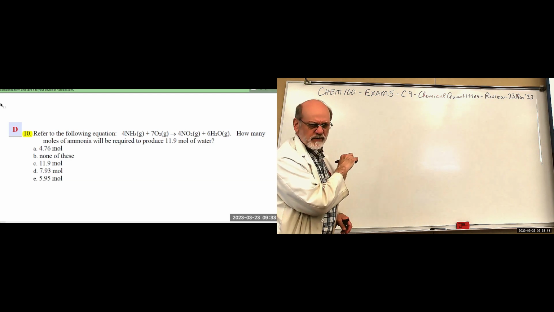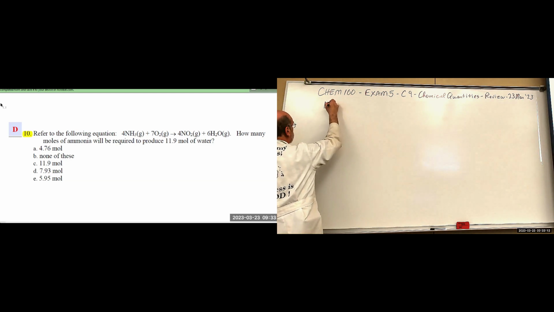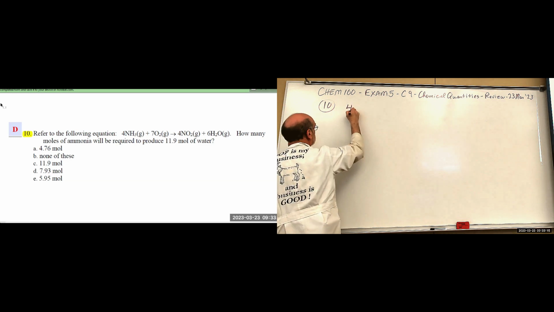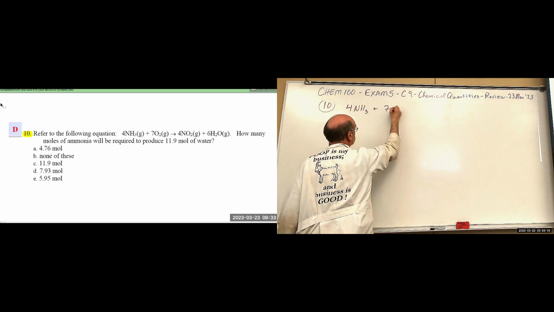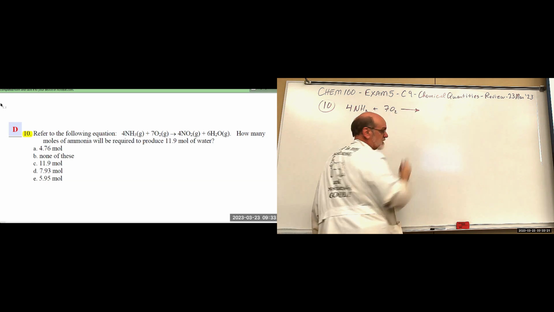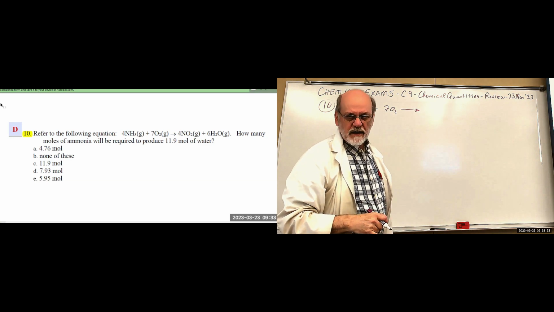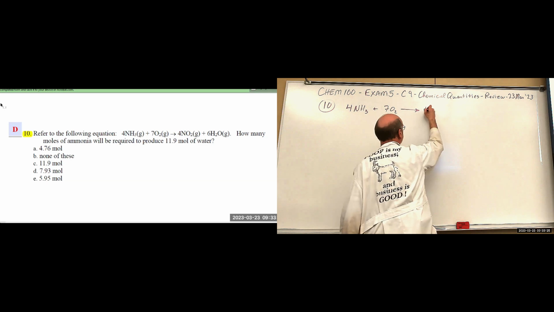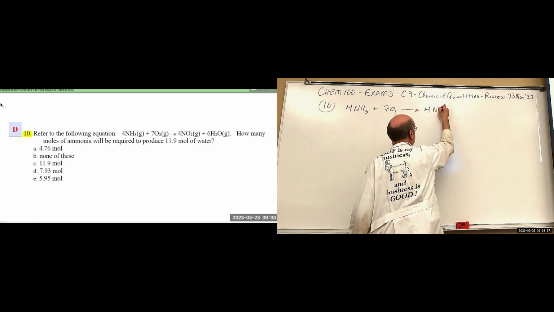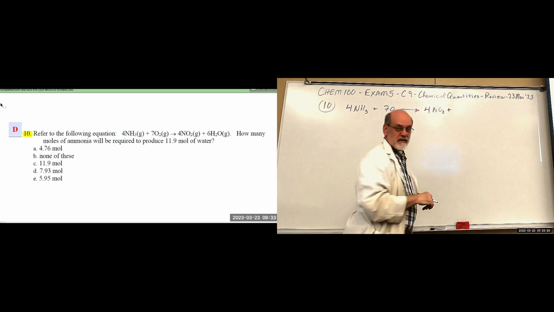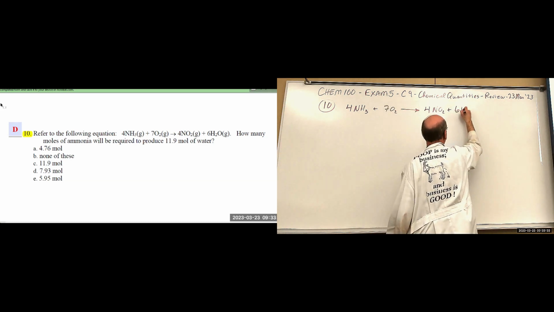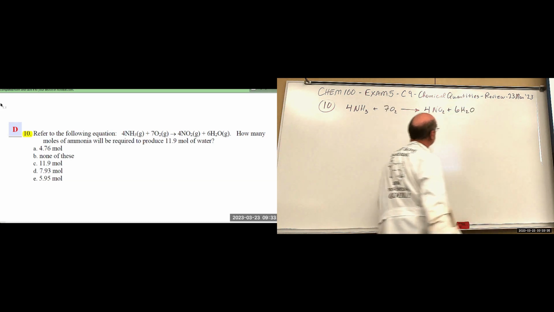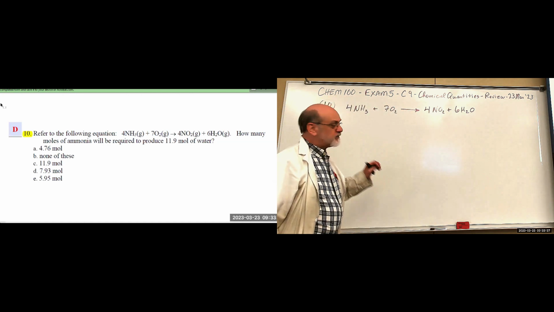Let's see, that's number 10. 4 ammonia, 7 oxygens yields 4 nitrogen dioxide plus 6 water. There we go. Now this should be balanced.